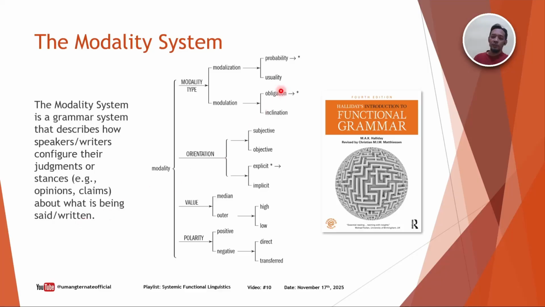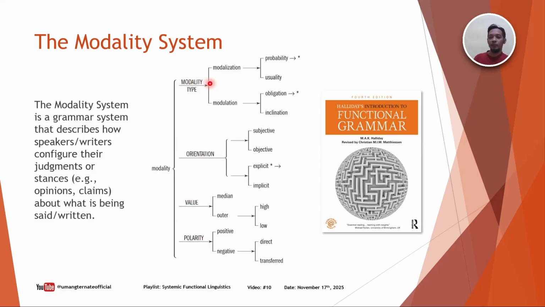You can see here the system is depicted like this, and I took this from this book written by Halliday himself and Christian Matthiessen. If you look at here, the modality consists of type, orientation, value, and polarity.